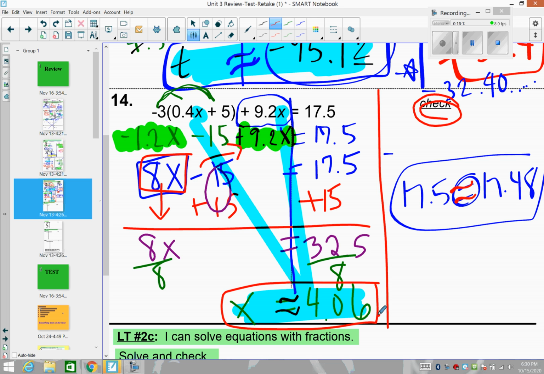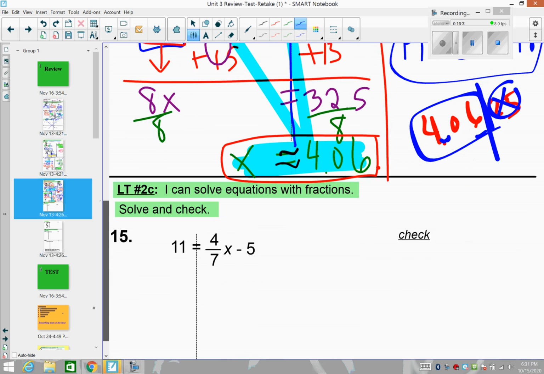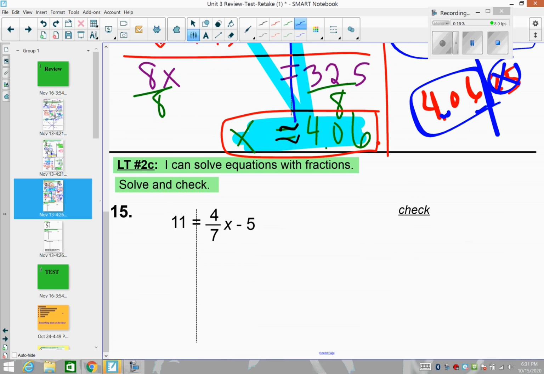And I rounded this. This actually was 4.0625. And the minute I round it, I lose that accuracy. I lose that perfection. So I'm okay with this 17.48. It's pretty close to 17.5 or 17.50. Whew. All right, so 4.06 was approximately the last answer there.